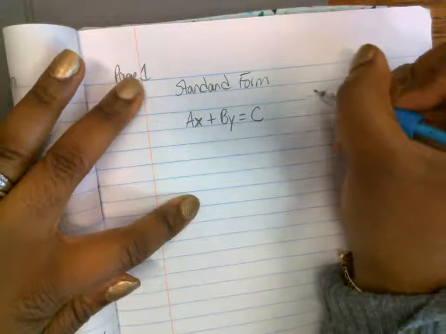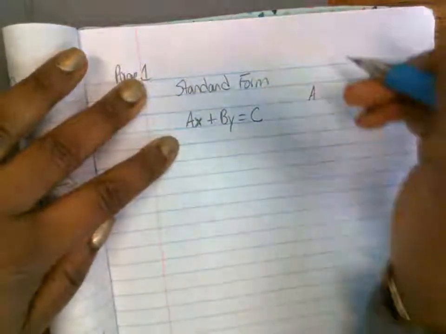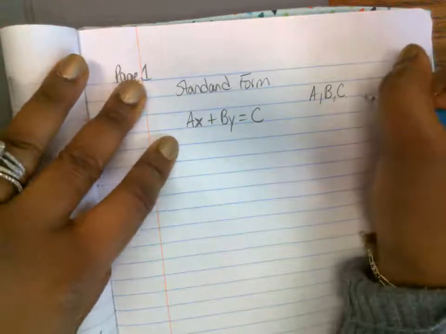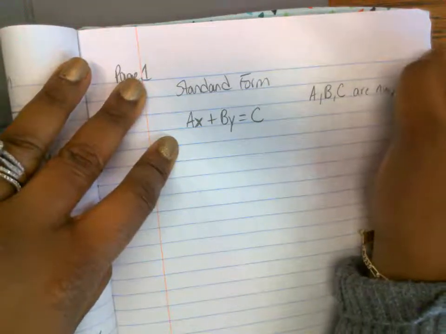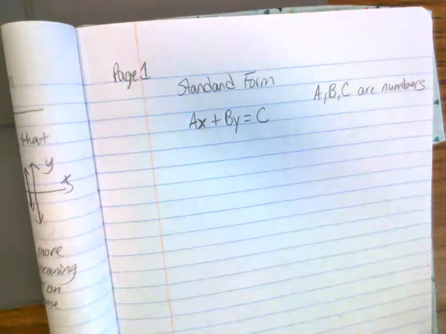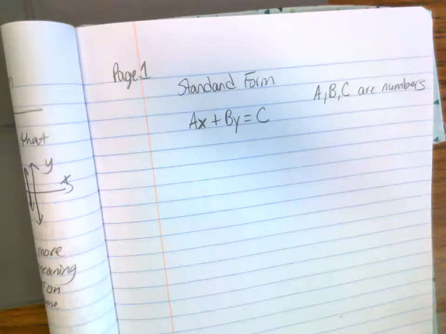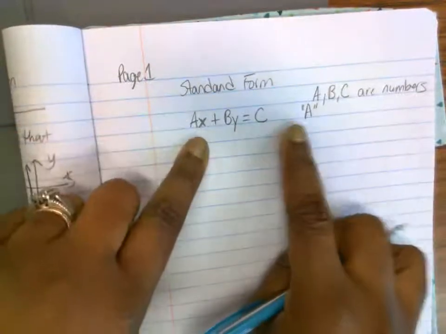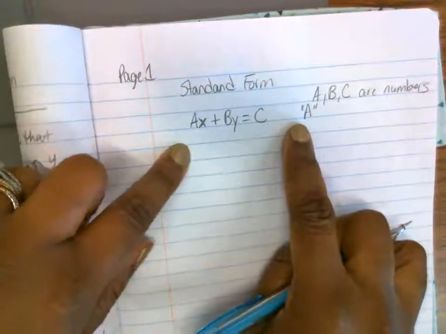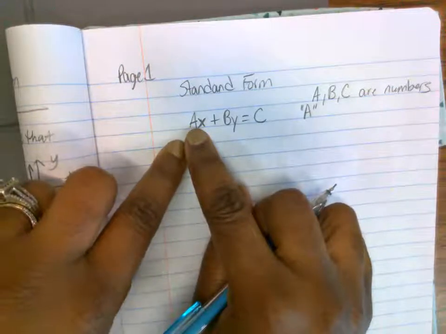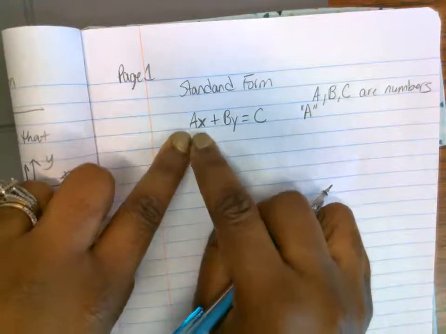This is where the letters in this form, A, B, and C, are actually numbers. Okay? They're actually numbers. All right? The number that's attached to x, if it's written in standard form, A cannot be, this number right here cannot be a negative or a fraction.